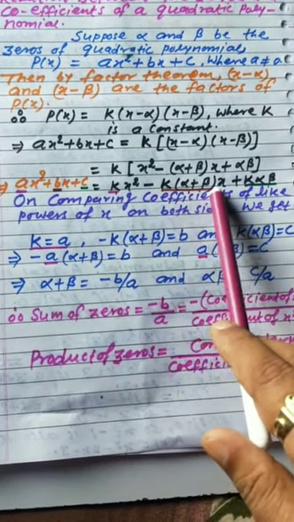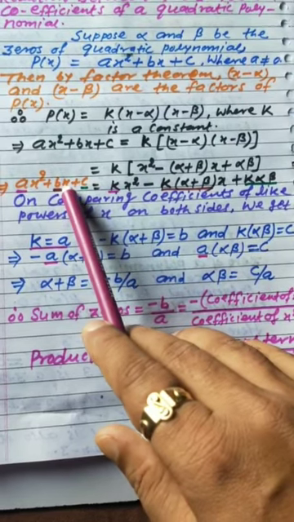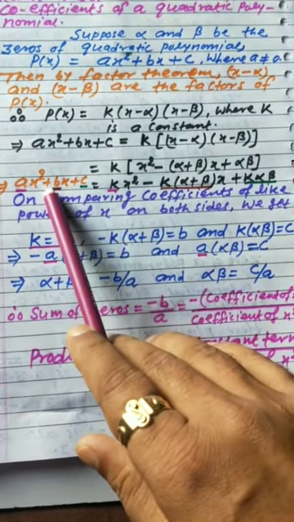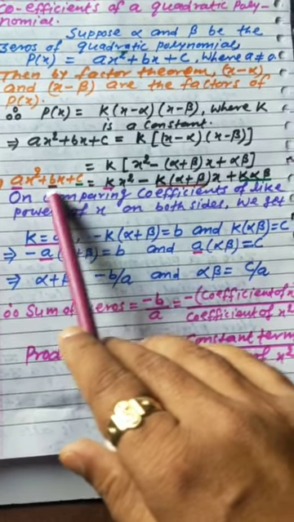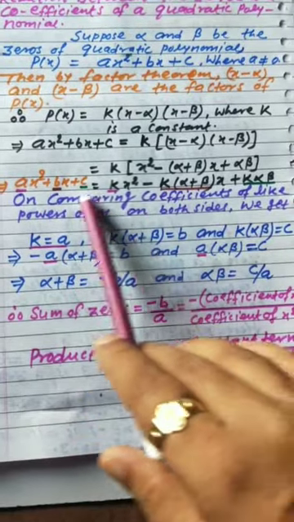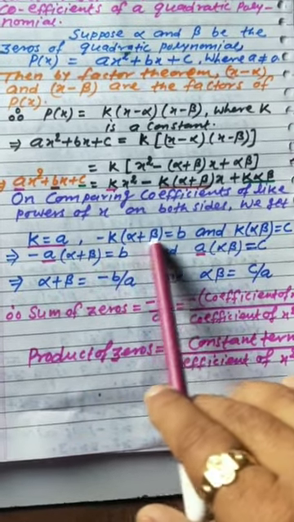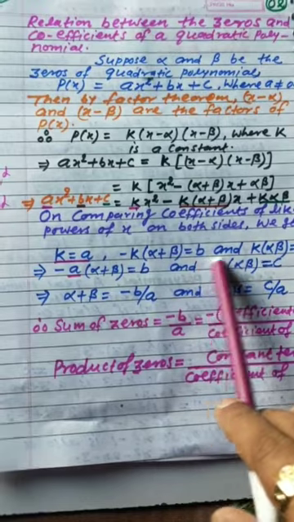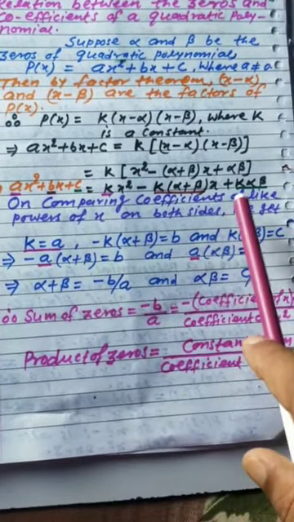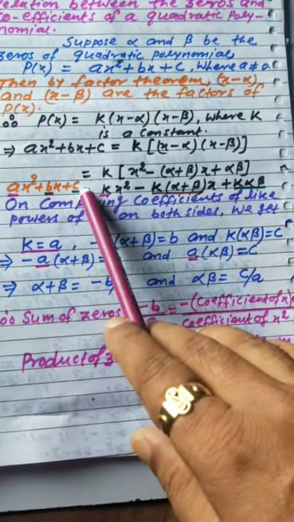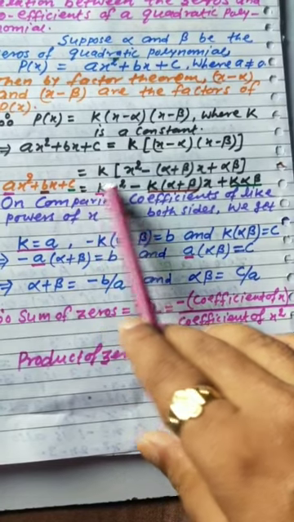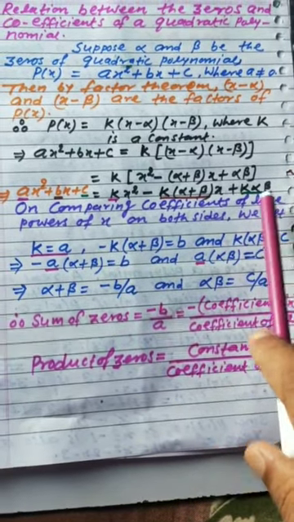In LHS the coefficient of x is b, we have underlined it, so b is equal to minus k times alpha plus beta, and the constant term c is equal to k alpha beta.